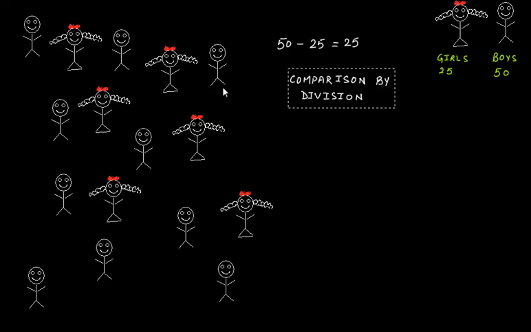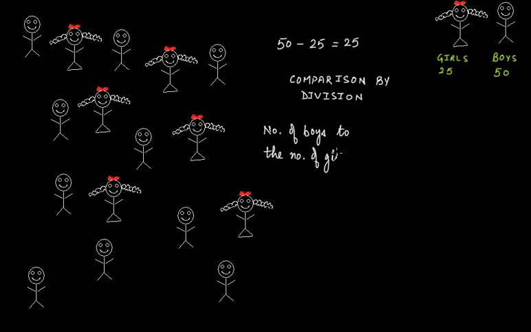We'll say number of boys to the number of girls is equal to, what's the number of boys? 50. What's the number of girls? 25. So 50 and 25.